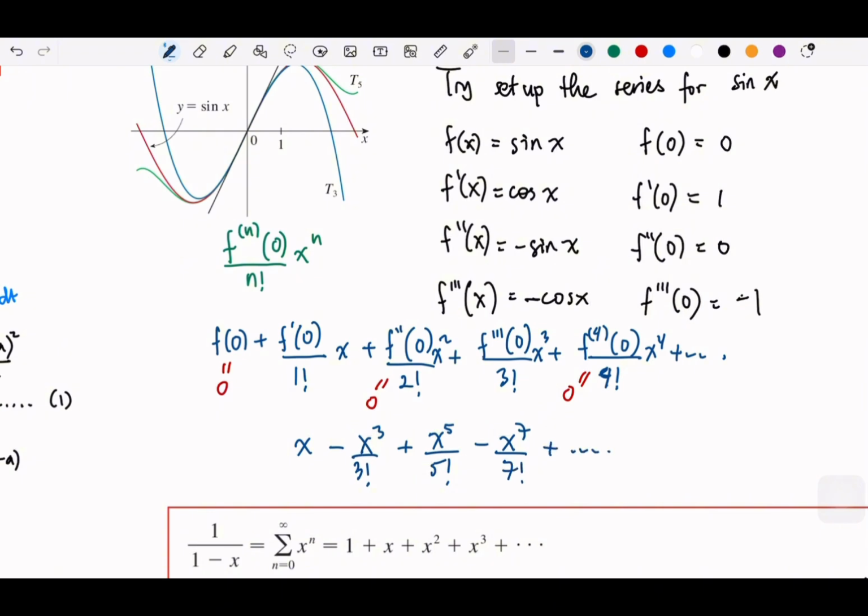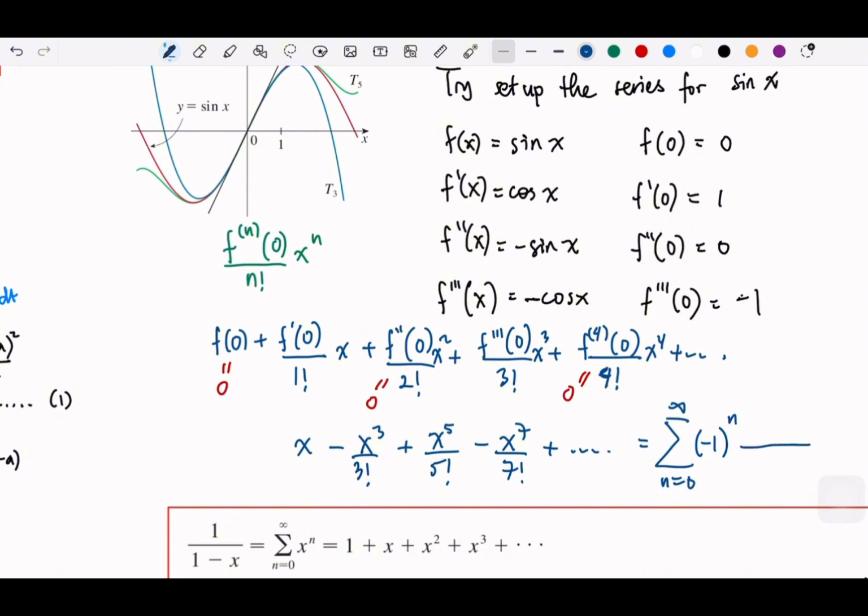We have an alternating series, which we conclude that from here we can write in the series form. We could write taking n from 0, and since the first term is positive, then I will just take this as negative 1 to the n, because n equals 0 is just 1, right?